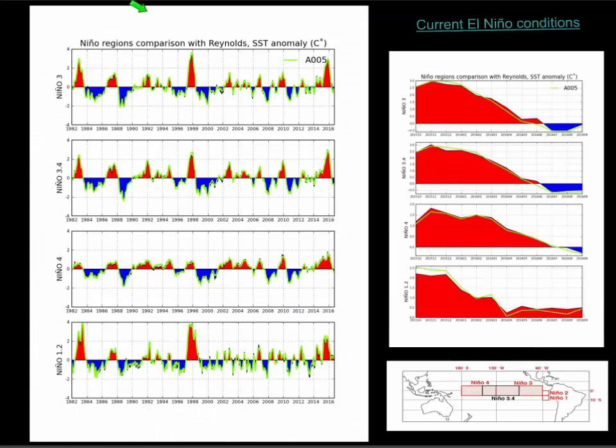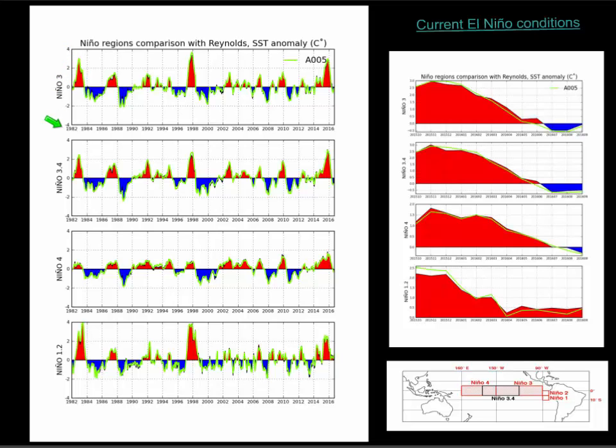So now let's move on to the current El Nino conditions. On the left, you see the time series of sea surface temperature anomaly, meaning deviations from the mean, for 4 different regions that are traditionally looked at. You probably know all about them: Niño 3, Niño 3.4, and so on. These are from our model and the observations.